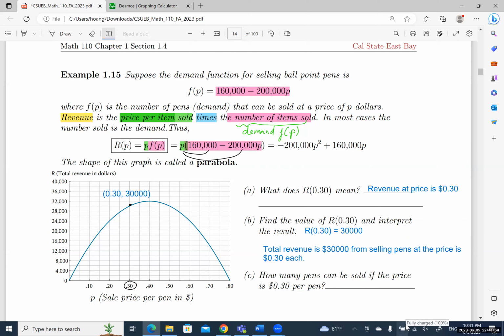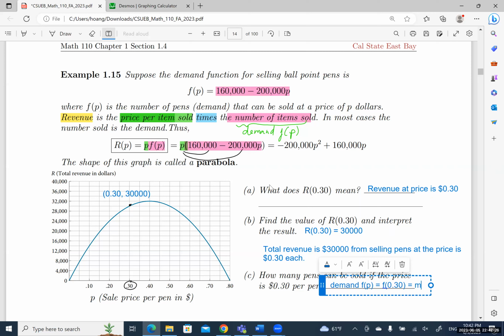Okay, so how many pens can be sold if the price is 0.30 per pen? This means we're looking for the demand, right? Demand is F of P. And in this case, we have P equal to 0.30. So we mean F of 0.30, and you will have to substitute into the function there.